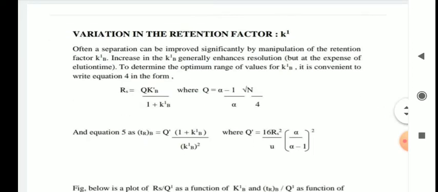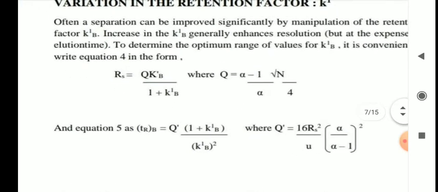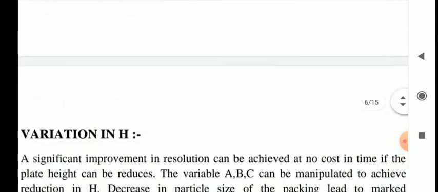Similarly, for TRB, that is the time taken for the separation, you can put q dash and you will get TRB is equal to q dash into 1 plus k dash b upon k dash b square. Right? Let's recheck that.